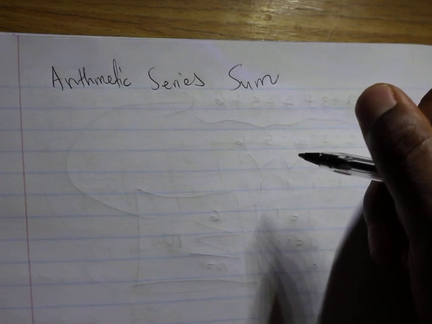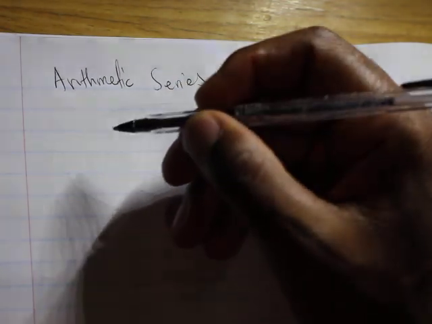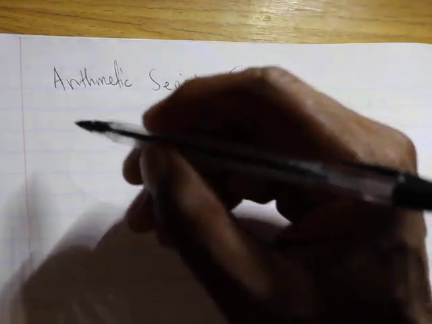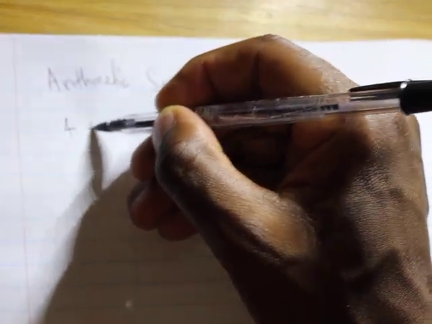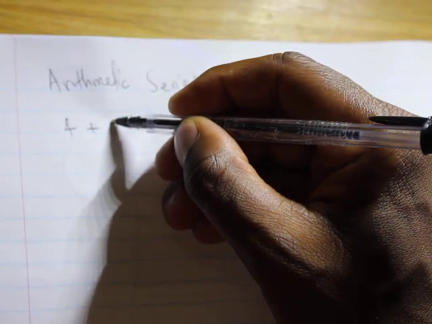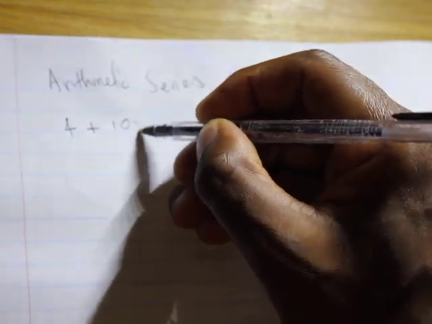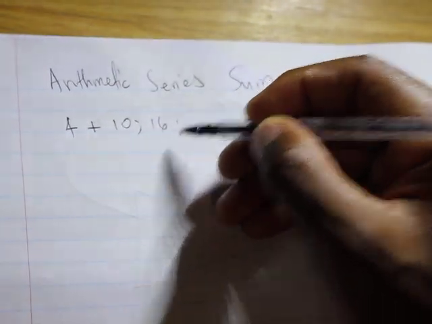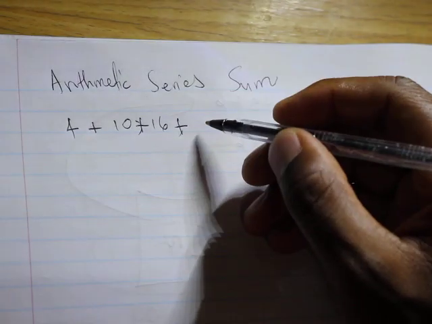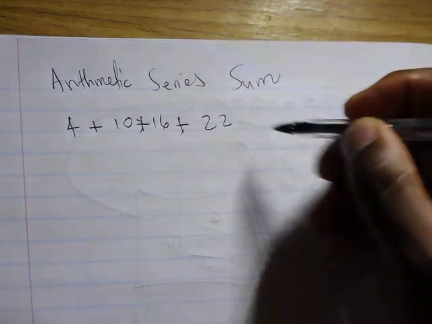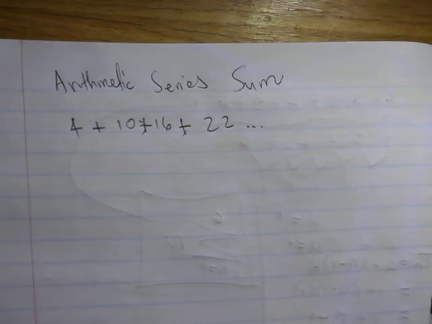Okay, and I'm going to quickly give you an example of a series. You're going to see the plus signs: 4 plus 10 plus 16 plus 22.